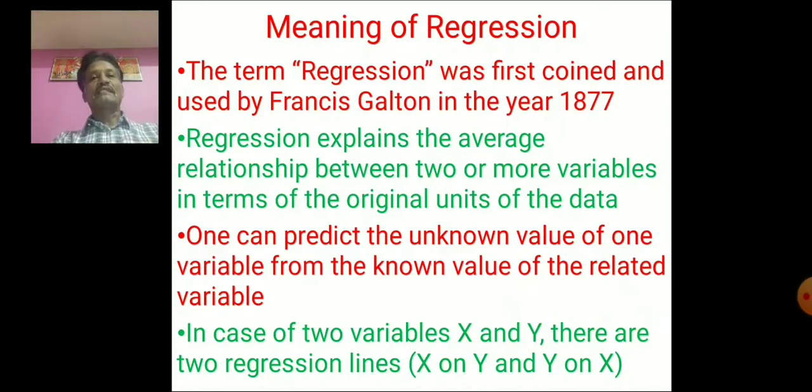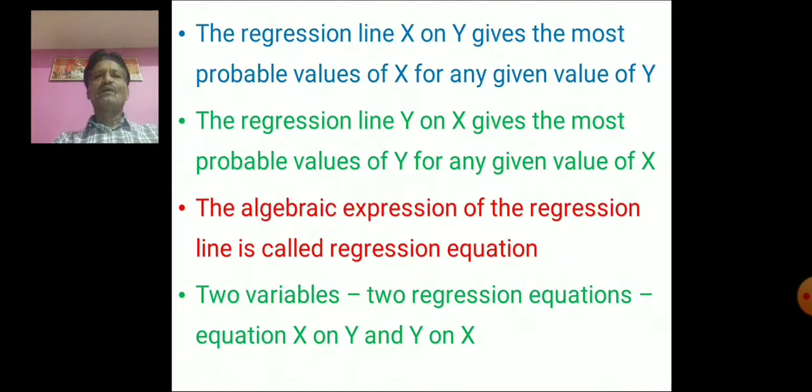In the case of two variables, x and y, there are two regression lines: the regression line x on y and the regression line y on x. The regression line x on y gives the most probable values of x for any given value of y.